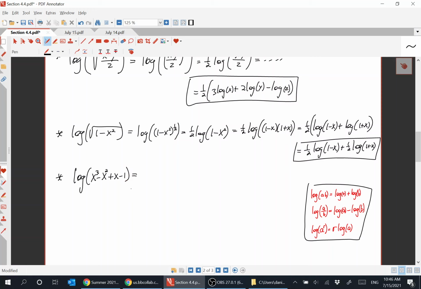All right, well, here, this is a degree 3 polynomial, and sometimes we know how to factor it. This one we can use that grouping technique. So it's x squared times (x minus 1) plus (x minus 1), like that, which is equal to, factoring out the x minus 1, (x minus 1) times (x squared plus 1). And that doesn't factor any further because the x squared plus 1 doesn't factor anymore over the real numbers.